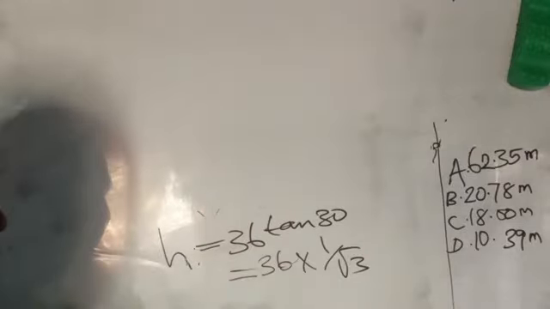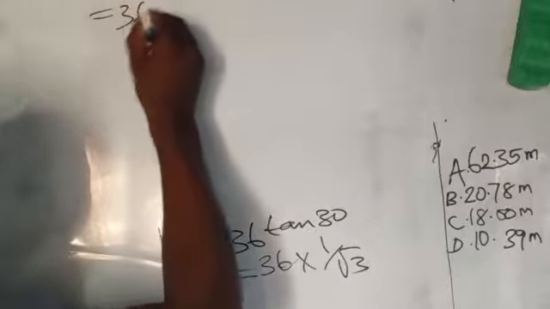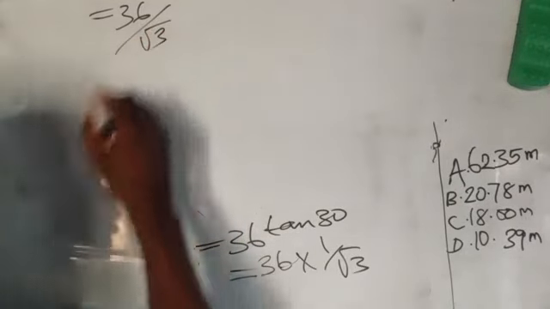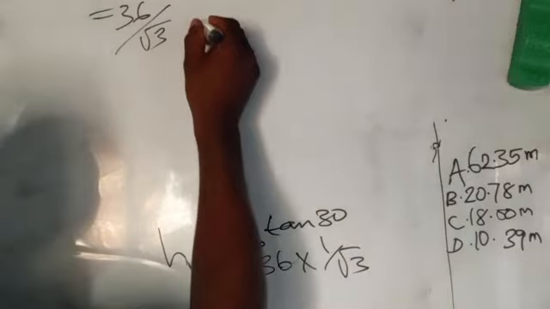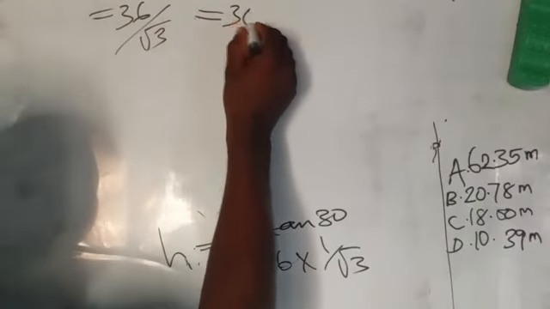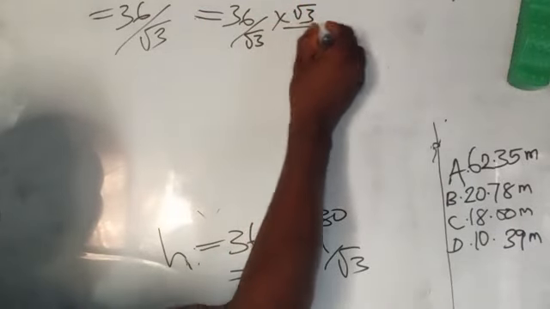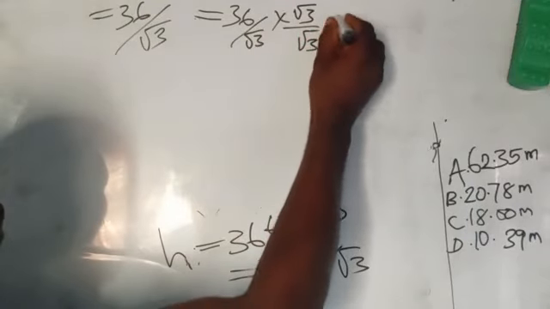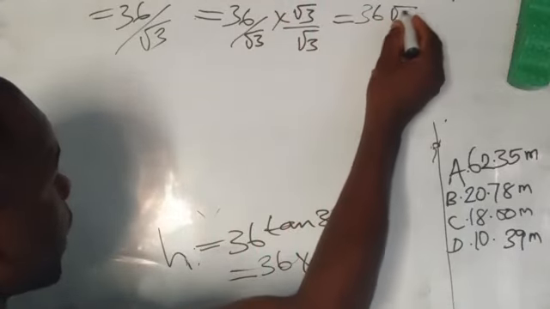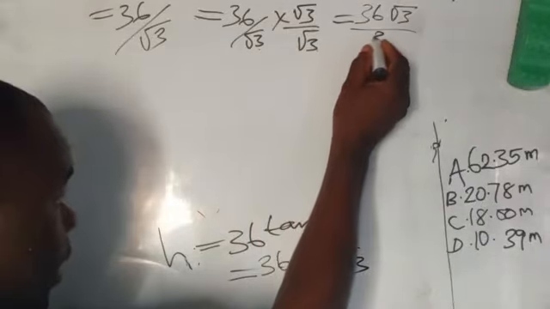But then, look, 36 times 1 is 36. Then you have equal to 36 all over root 3. Is that clear? So you rationalize so that it is equal to 36 over root 3 multiplied by root 3 all over root 3, which will give you 36 root 3 all over root 3 times root 3, which is 3.